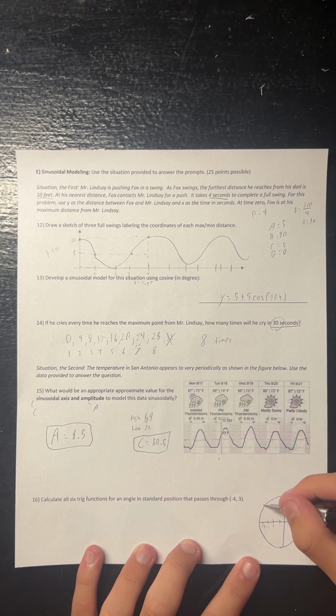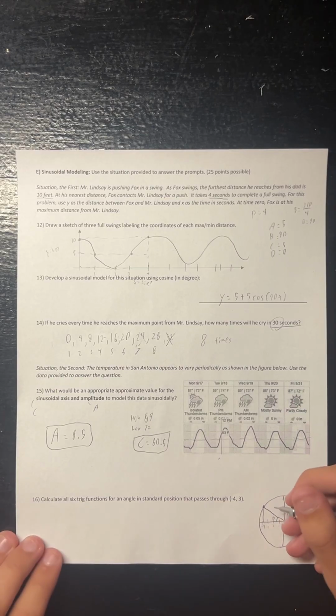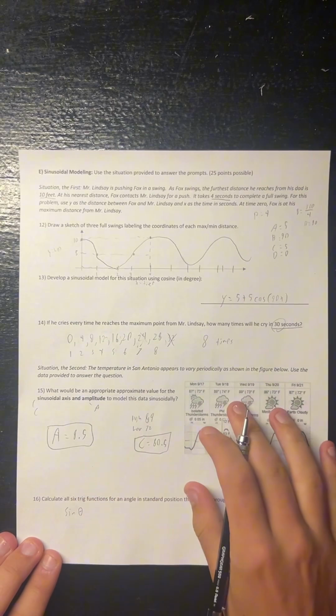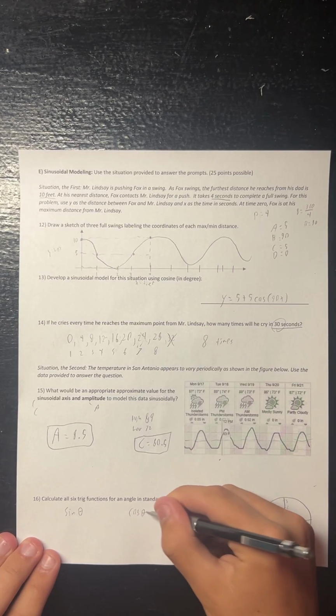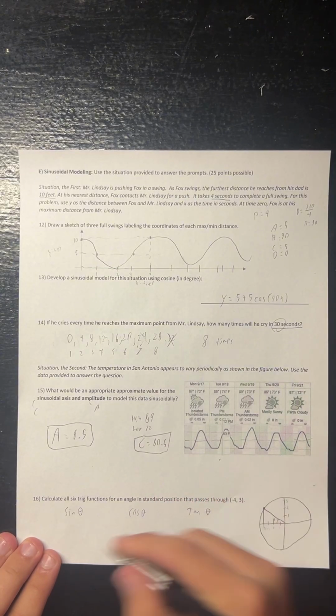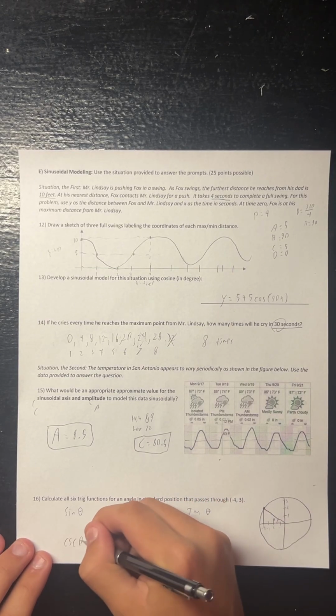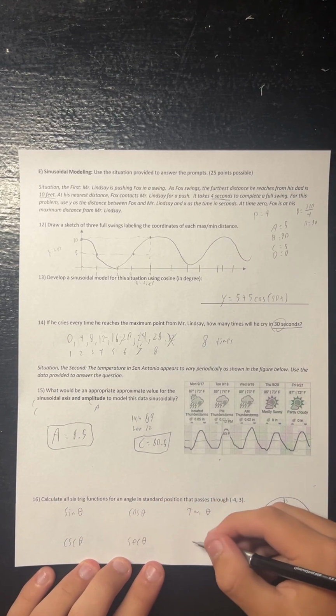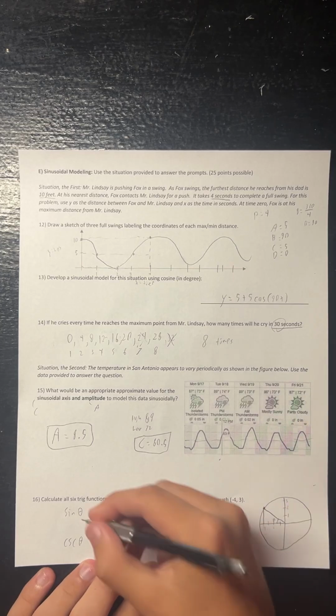So it would be right here. We would draw this and come down to the x. So this would be our theta. And now we can find all of them: sine theta, cos theta, tan theta, then cosecant theta, secant theta, and cotangent theta.